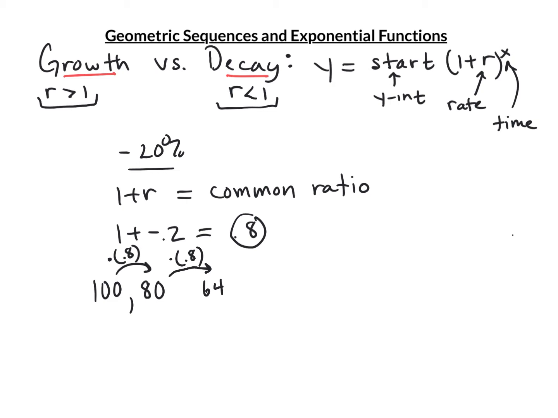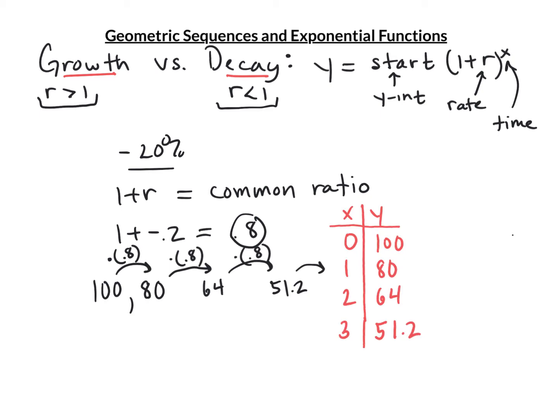Losing 16, going from 80 to 64, means you threw away 20%. It's just gone. And if I multiplied by 0.8 again, I'd get the next number in the list, 51.2. Every time I multiply by 0.8, 20% gets thrown away. I'm decreasing by 20%.